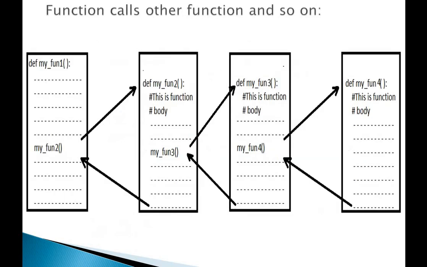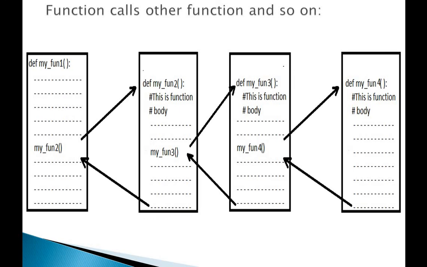The function calls can be nested, meaning one function makes a call to another function, that function makes a call to the next function, and so on. You can have this nested call at any depth. You can have a lot of function calls inside another function.